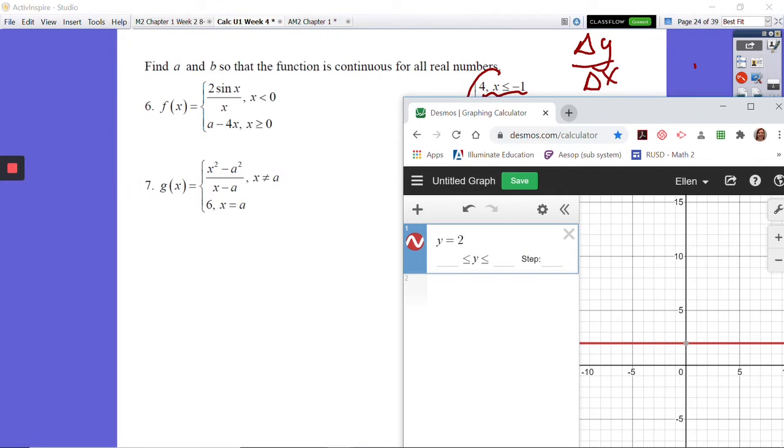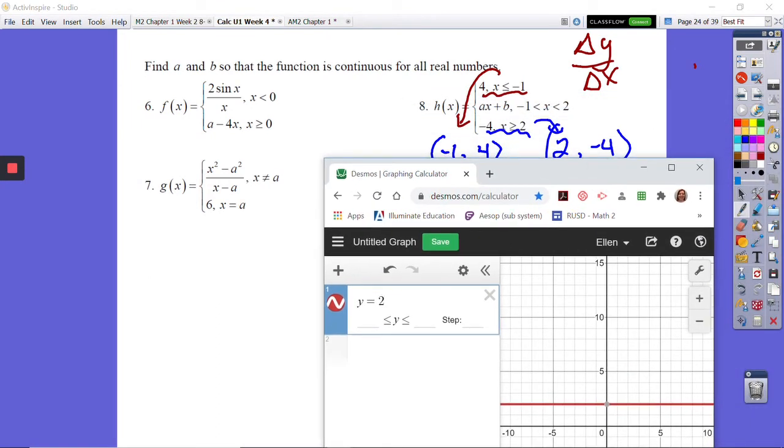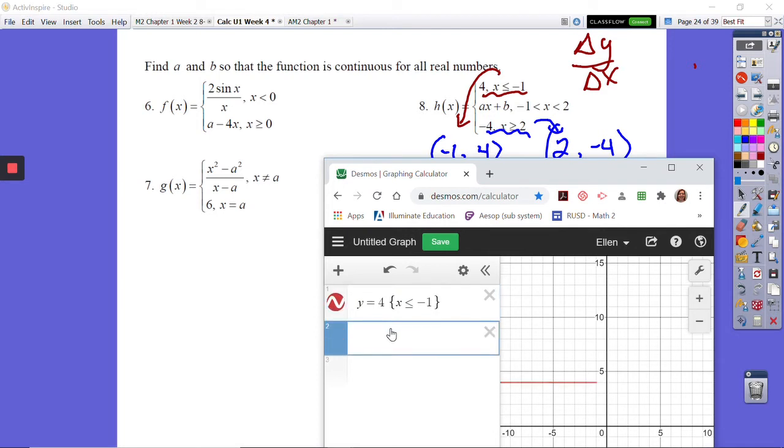So y equals 4 when x is less than or equal to negative 1, and then y is negative 4 when x is greater than or equal to 2.